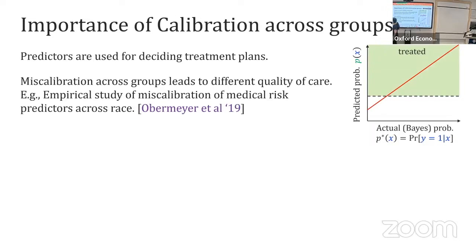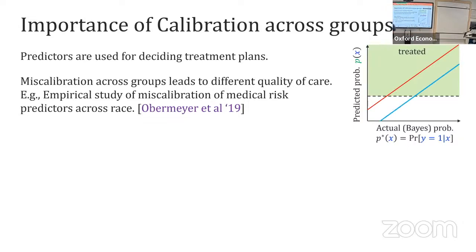Now, there is actual empirical evidence that the predictors we use in practice are not only uncalibrated, but miscalibrated across different groups of people. For example, the Obermeyer study, Science, I believe, 2019, showed that in US hospital data, the risk predictors being used are miscalibrated, and miscalibrated differently across different populations.